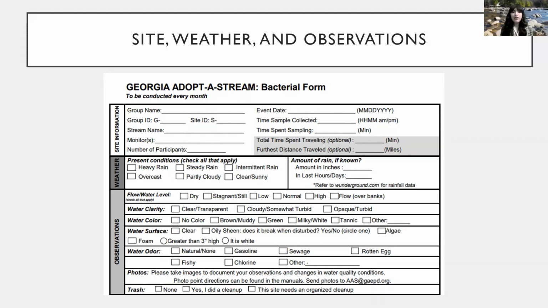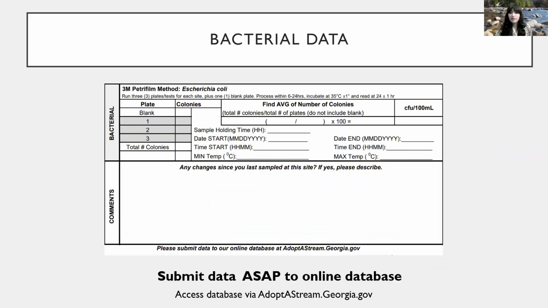Also take note of those weather conditions, because remember, observation is very key to monitoring. So weather conditions, water quality, water color, surface flow. Those are some key observations you're going to want to note.